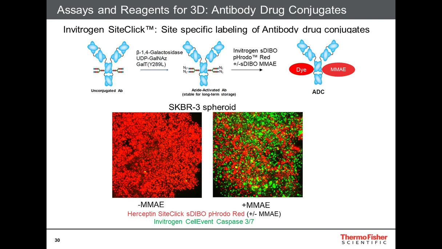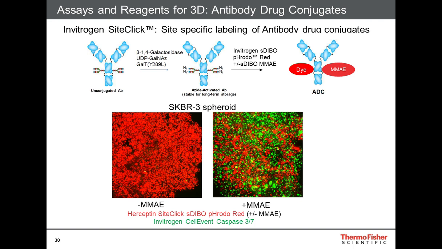Now, when we put this on our tumor spheroid with cells expressing HER2, we actually created 2 versions of this, one with just a dye and one with a dye and a tubulin destabilizing drug, monomethyl auristatin E. And so if we are to image these cells, we see the Herceptin labeled with just the dye, and the dye in this case is S-dibo-photo-red.